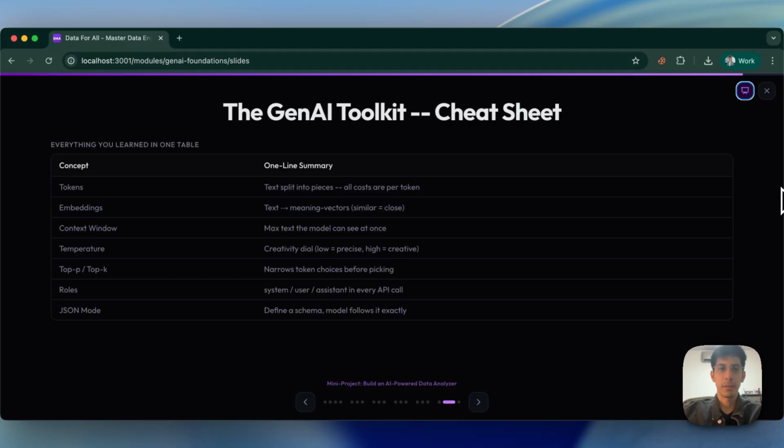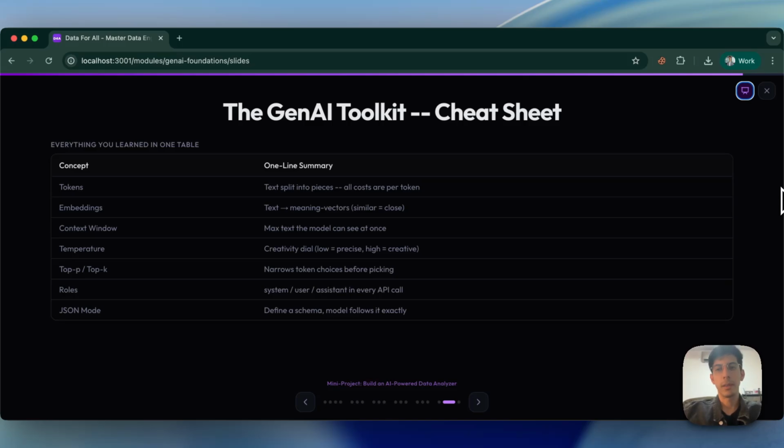Here's your cheat sheet. Bookmark this, screenshot it, everything. This table summarizes every key concept from the entire module in one place. Tokens are the building blocks. Everything starts and ends with tokens. Embeddings capture meaning as numbers, which is how models understand that king and queen are related even though they're spelled nothing alike. The context window is your hard limit. Go over it and the model starts forgetting things.